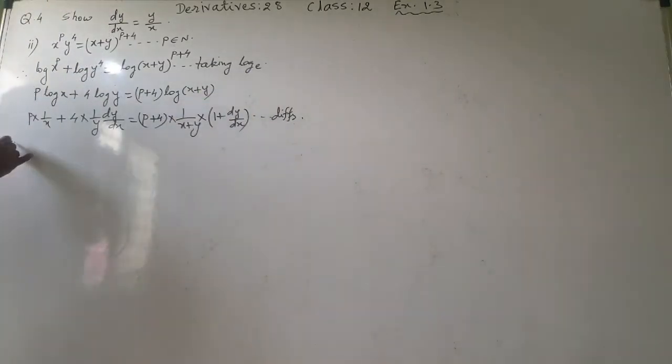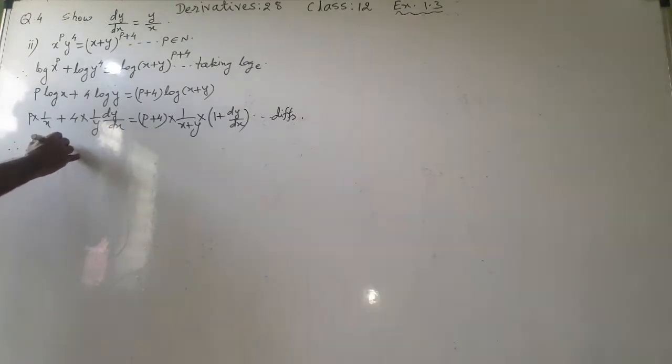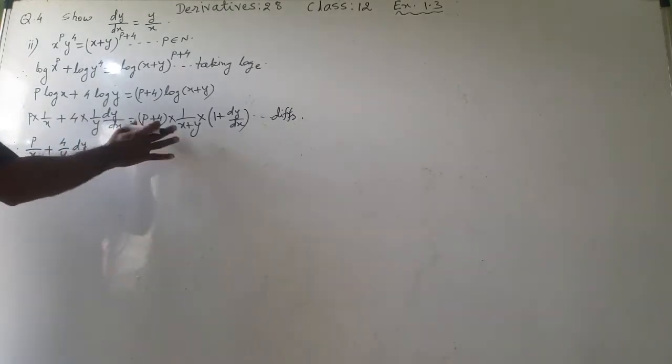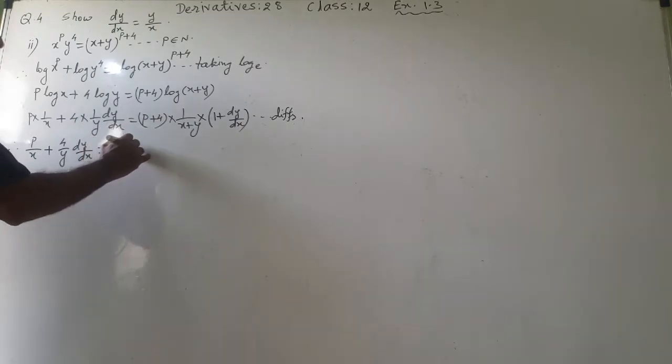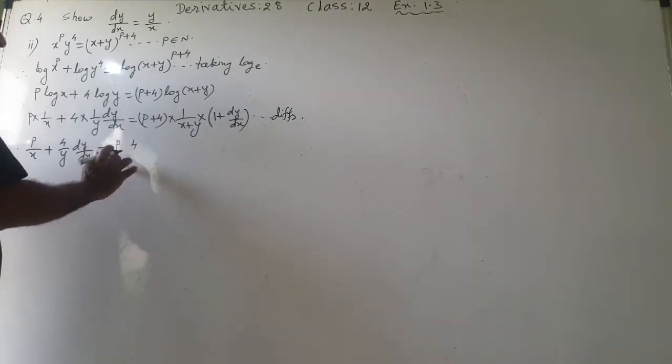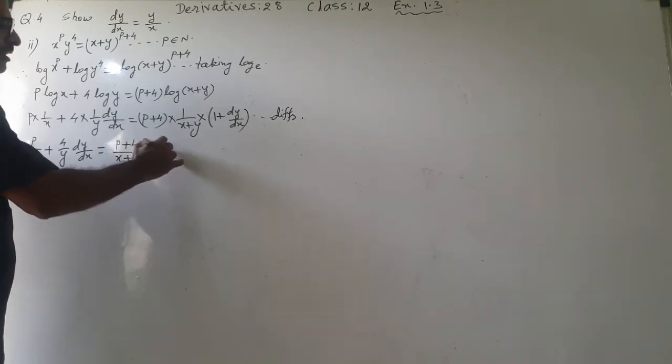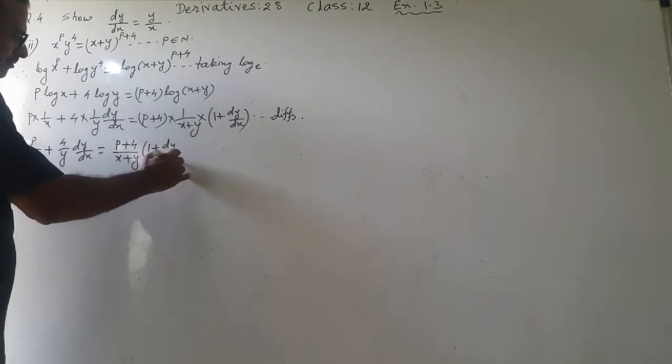Therefore, this is nothing but p upon x plus 4 upon y dy by dx is equal to p plus 4 upon x plus y into bracket 1 plus dy by dx.